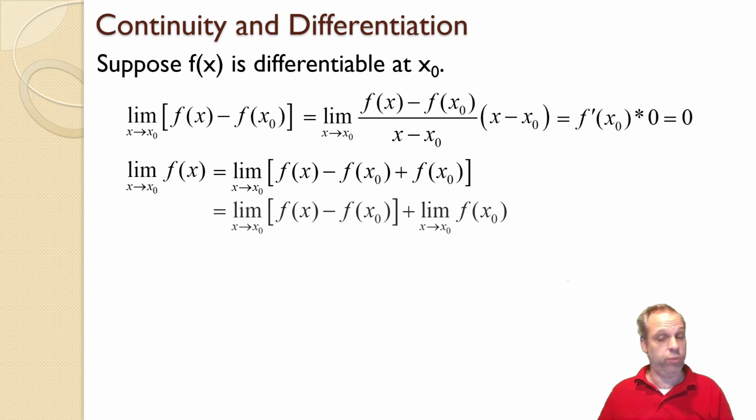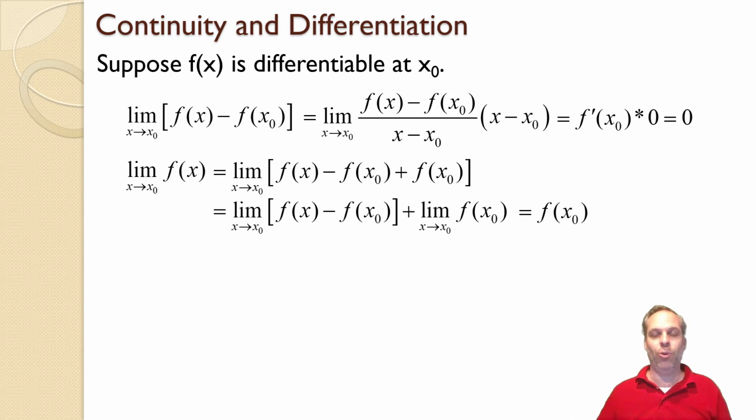So that's a sum of two limits. But the first limit, we know what that is, that's 0. And the second limit is a limit of a constant, that's just the constant. So we get that this is equal to just the constant. Looking at the beginning, the limit of f of x as x approaches x0, and looking at the end, it's equal to f at x0.